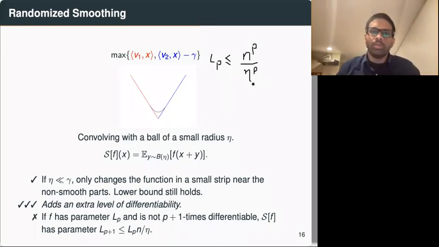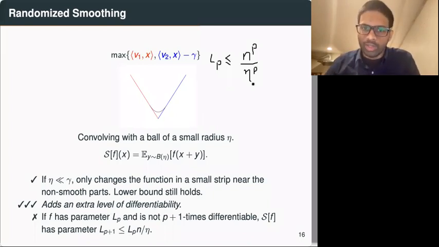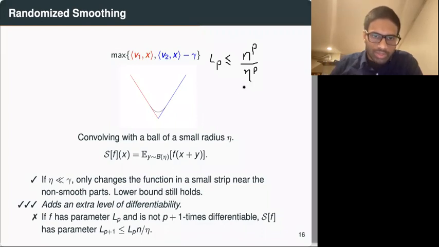And if it was just 1 by eta to the p, that would be great, because eta was something like gamma by 100p. So if it was just 1 by eta to the p, we would be getting gamma to the minus p times, say, 100p to the p. Now 100p to the p, we'll treat it as a constant. So we only care about dependencies on things other than p. So that would have given us gamma to the minus p, except for this n to the p term that has come in here.